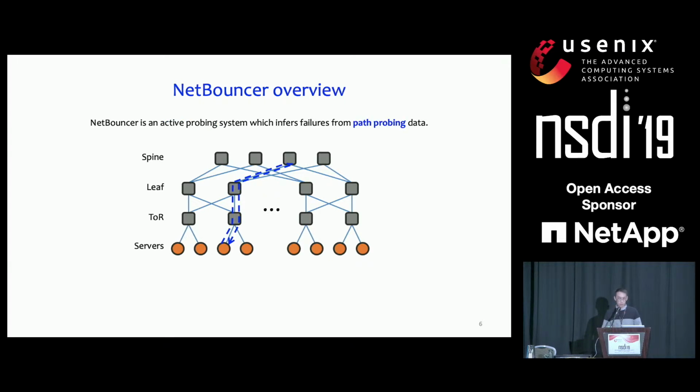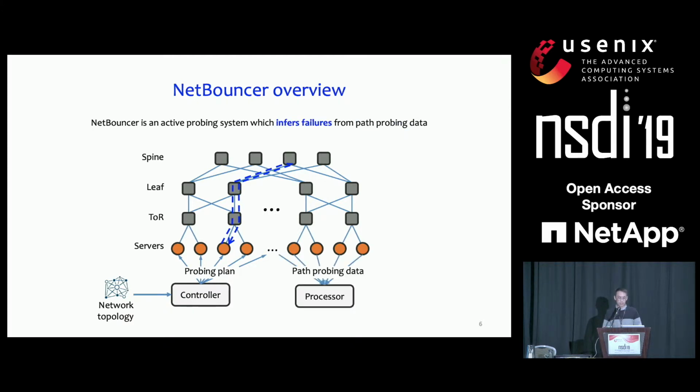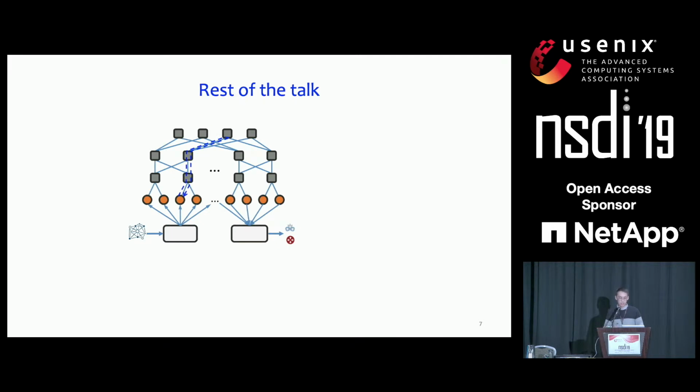As to the problem of which paths to probe, there is a central controller which takes the network topology as input and outputs probing plans, which contain, for each server, which paths this server should probe. And finally, there is a processor that takes this path probing data as input and runs an algorithm to pinpoint the link and device failures. This is a very high-level workflow of NetBouncer, which leads to the rest of my talk.